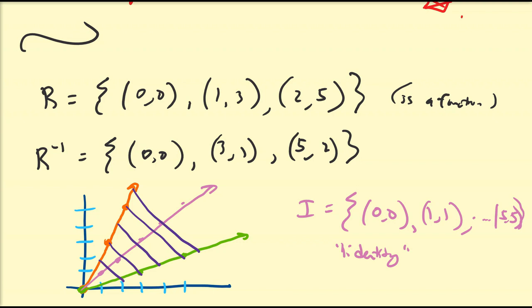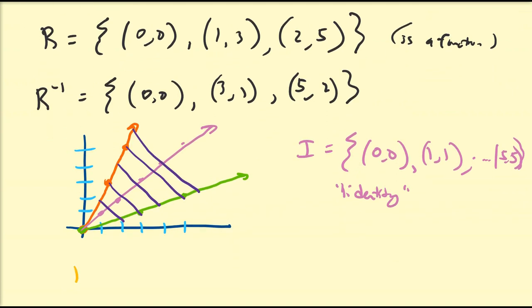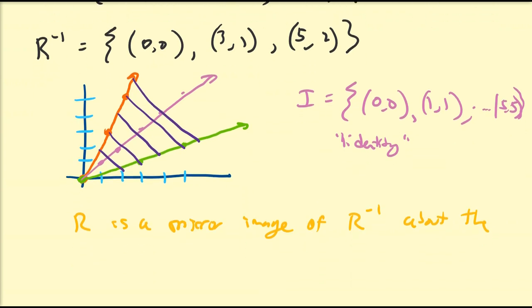So at least from this picture, if drawn to scale, R is a mirror image of R inverse about the line y is equal to x, or the identity relation.